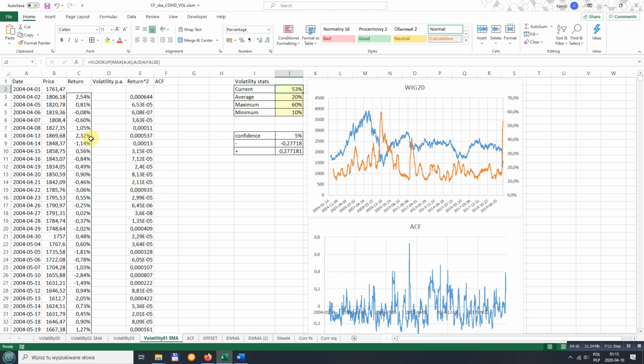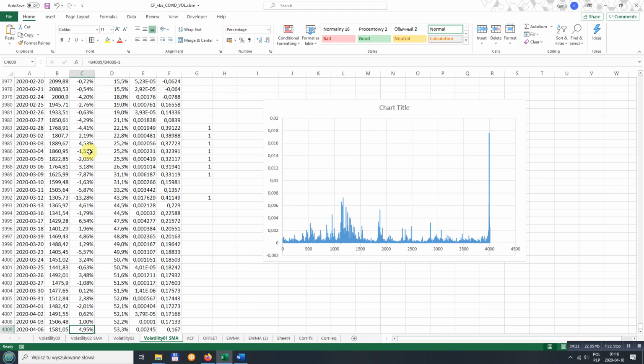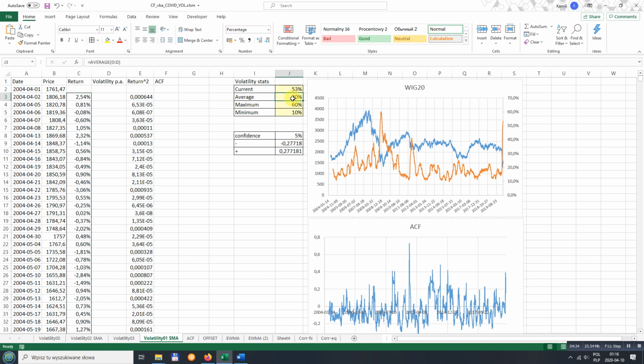So if you take a look at the most recent observation, this 53% or 52% was a much better estimation of future volatility than this average equal to 20%, while the maximum was 60%. Right, so this rolling window helps us to also predict future volatility with this simple moving average mechanism, because what we're actually doing is using a simple moving average.